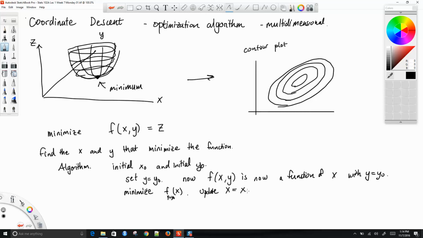Now set x equal to x sub 1, and now f where x is equal to x sub 1 is a function of y.